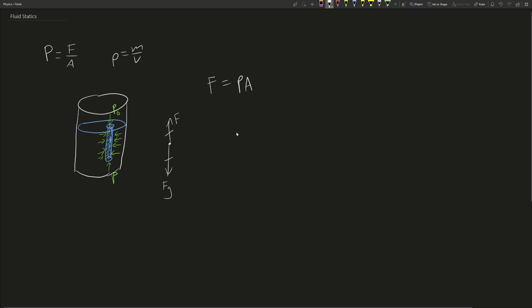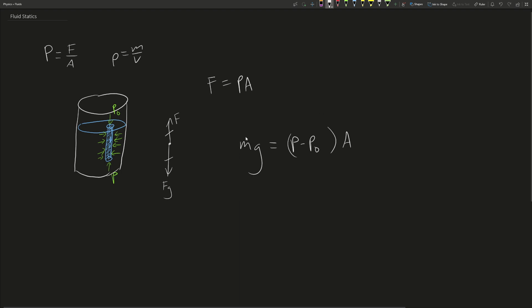So the column of water has force from gravity equal to mg, and then we want this to be equal to the net force from the pressure. So this is equal to P minus P0, since it's an upward force, times area here.